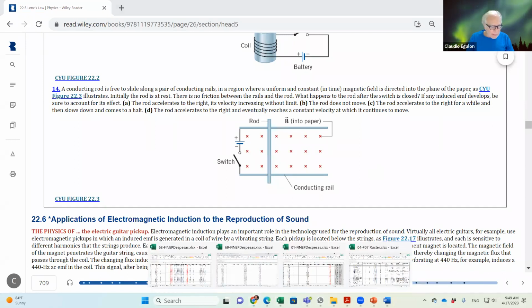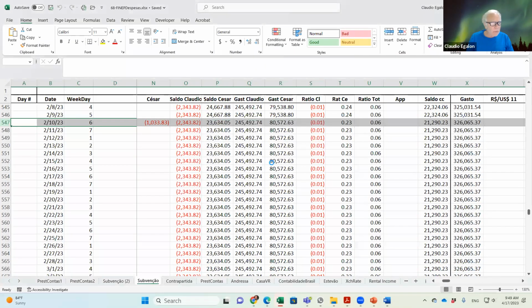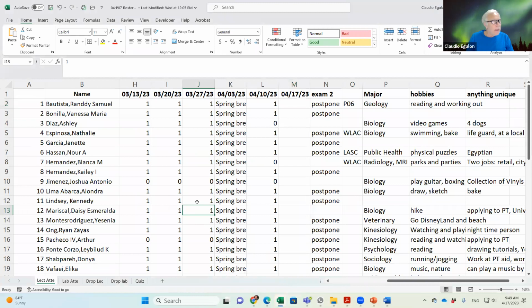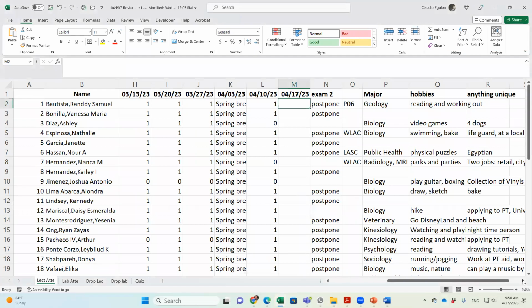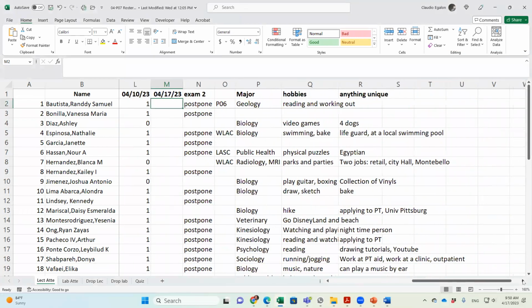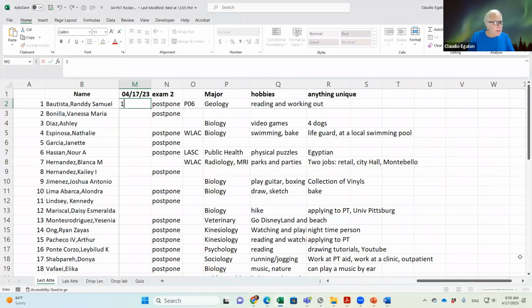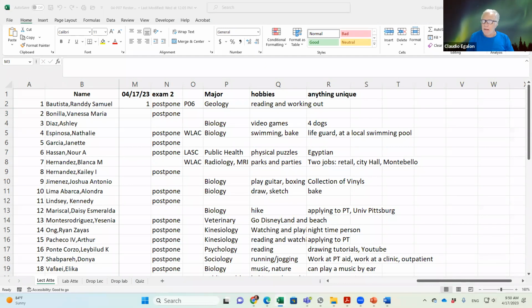So let's take attendance now. Randy Bautista, are you there? Yeah, I'm here. Thank you. Vanessa, are you there? Vanessa Bonilla.